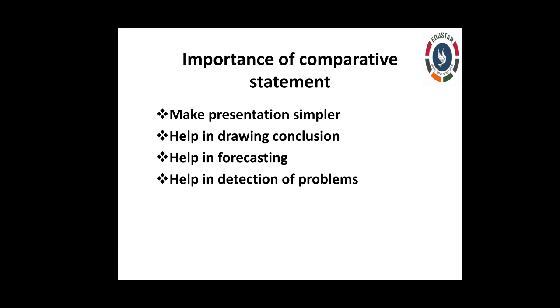Why is there a loss? Why is there a difference between the two years? So it helps in detection of problems. The problem may be a transportation problem, or a lockdown problem, like that.